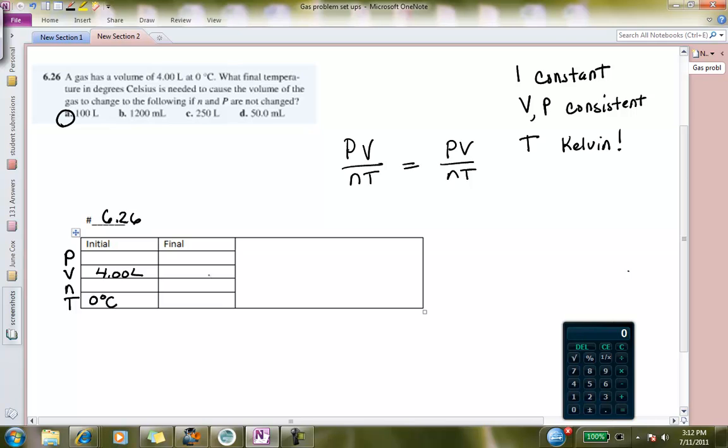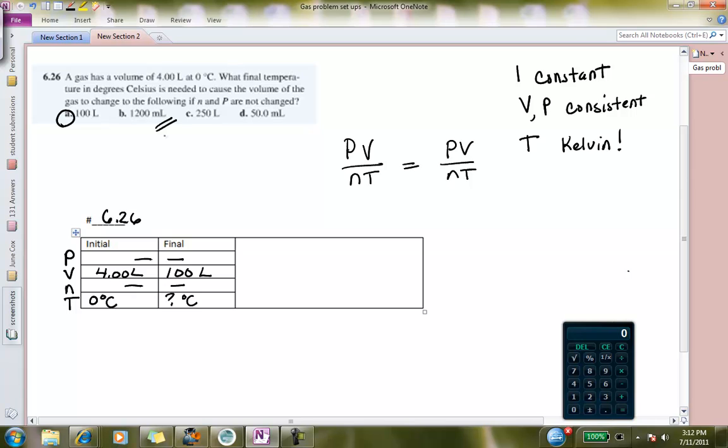They want to know the final temperature in Celsius, and N and P are not changed. We don't know what they are, but we know that they're not changed. Our new volume is going to be 100 liters. Now, let me note that in this case, both of these are liters, so we're in good shape.